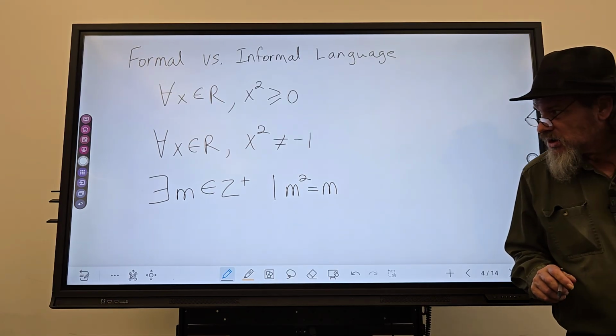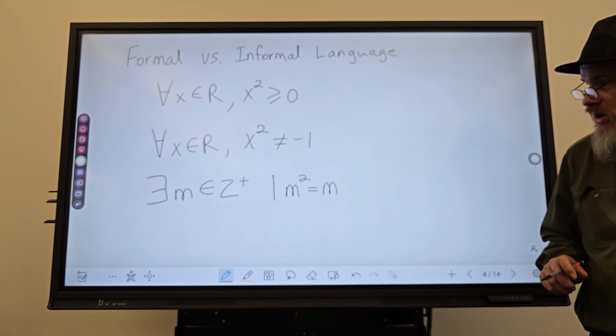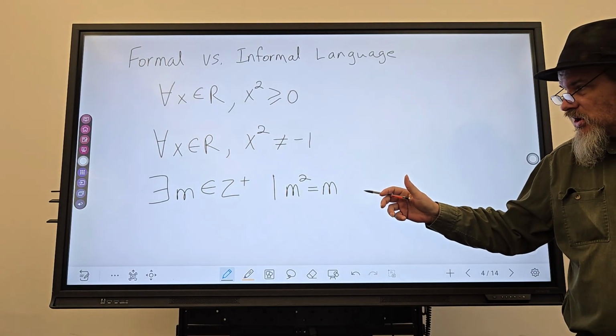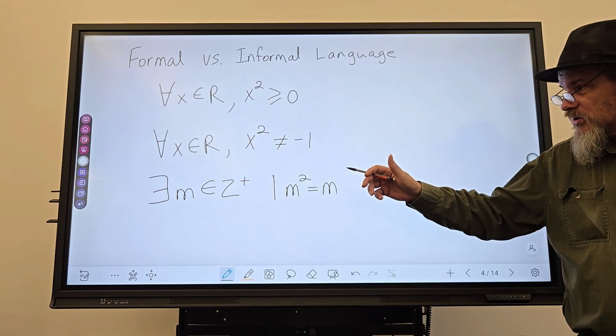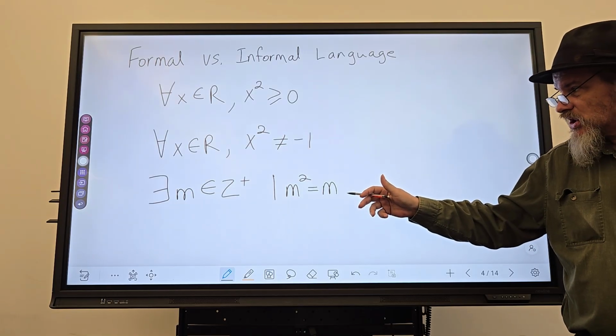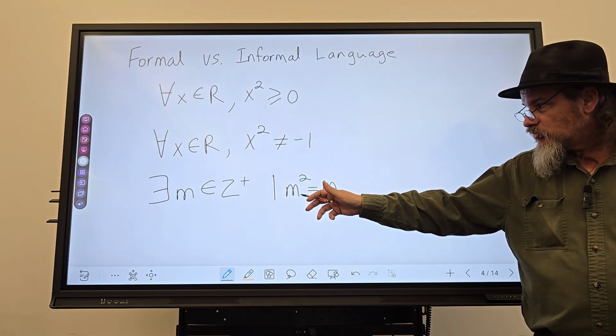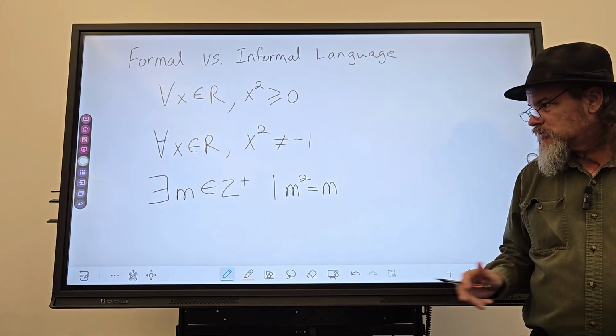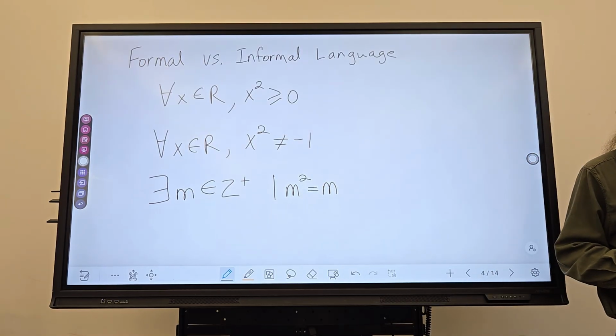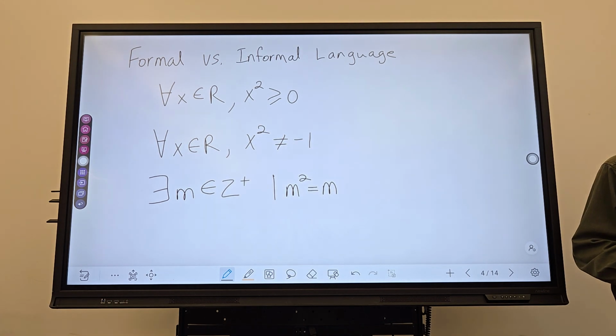For some positive integer, there is a number that equals itself squared. Like I said, there's tons of different ways of saying it. Just leave the variables out and use common language.